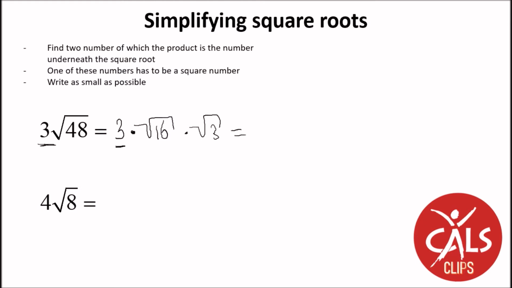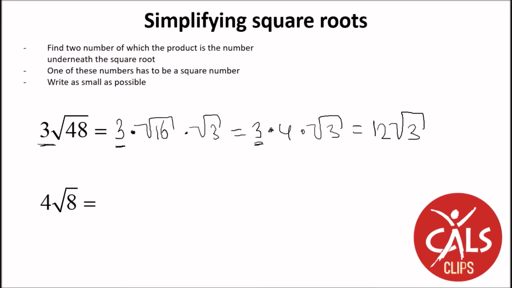And we know 16 can be written as 4, so we leave the 3, which is the same as this and this, times 4, the square root of 16 is 4, times the square root of 3. 3 times 4 is of course 12, so we can write this as 12 square root 3.